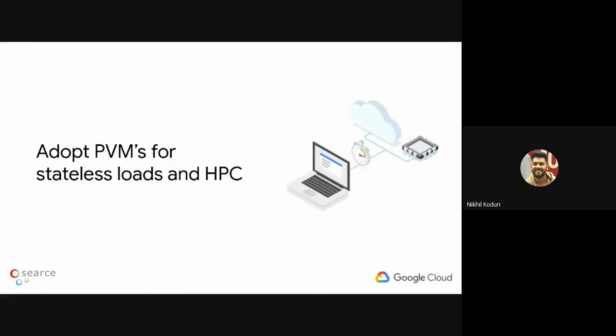We also talked about using PVMs for stateless and high performance computing workloads, right? So there are things like Dataproc clusters and your Google Kubernetes Engine clusters that can incorporate more and more PVMs, and have a higher amount of scaling with the least amount of cost.